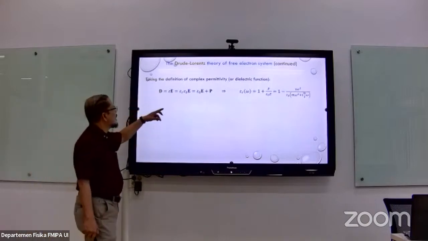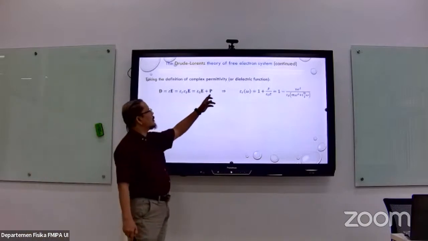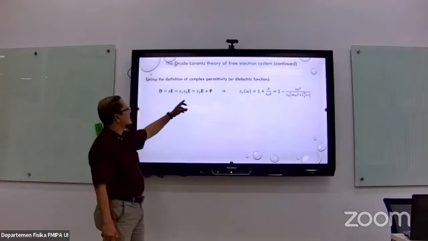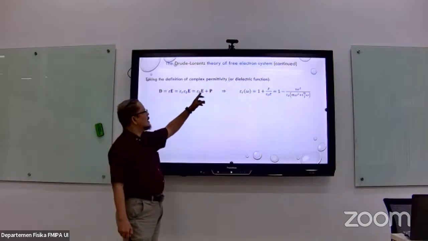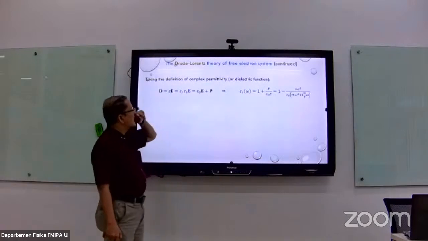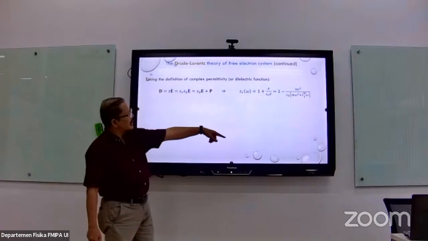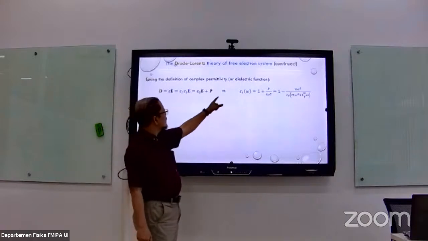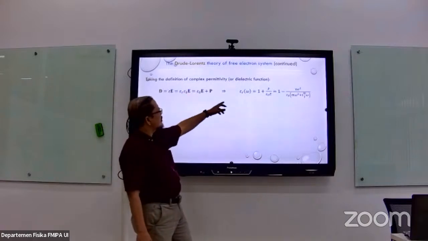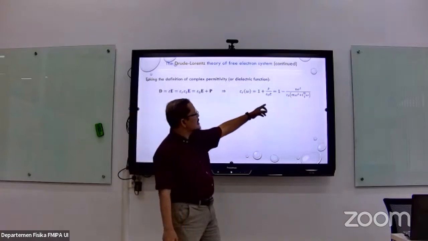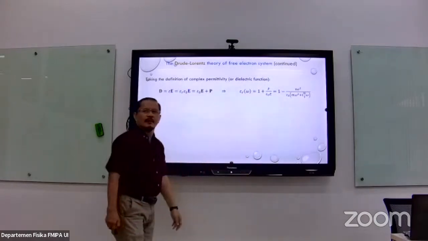Okay, and we should be familiar with this relation that D is equal to epsilon naught E plus P, right? So applying the P that we obtained in the previous page, we can rearrange our equation that leads to this page.